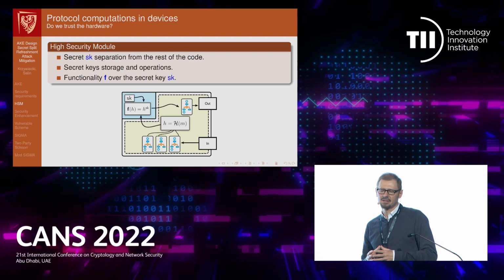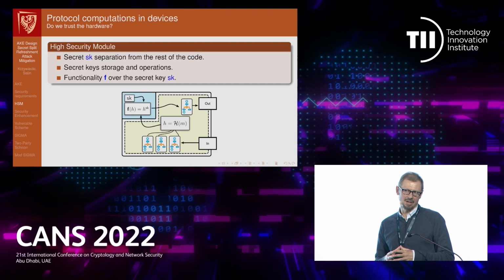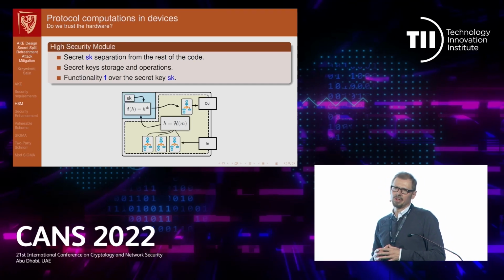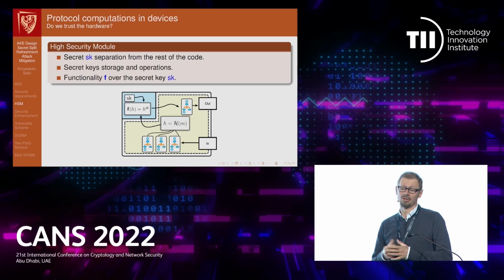But of course, nowadays, we don't think about such a monolithic design. We don't trust our devices. For example, in some countries, the devices are not produced locally. The citizens need to trust devices that come from different places, from all over the world.